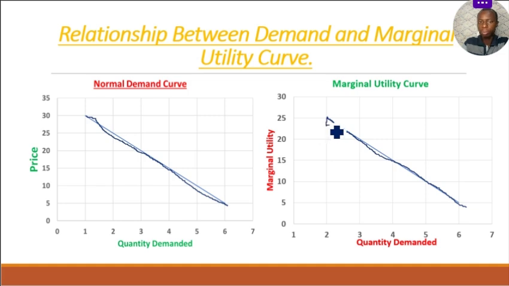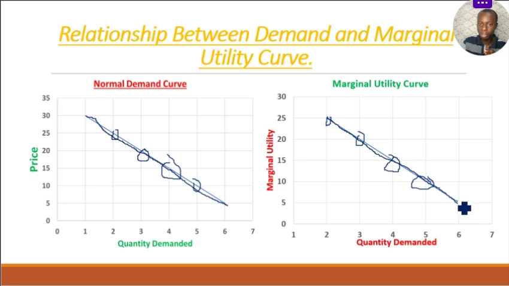Then what you also observe is that at 25 utils, the consumer was willing to pay $25. At 20 utils, the consumer is willing to pay $20. At 15 utils, the consumer is willing to pay $15. At 10 utils, the consumer is willing to pay $10.